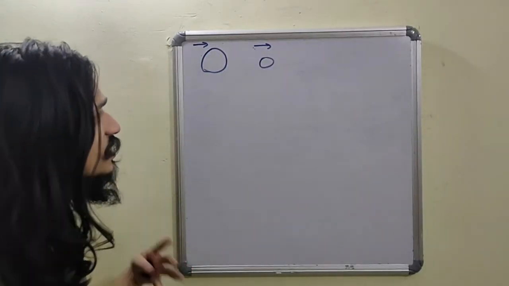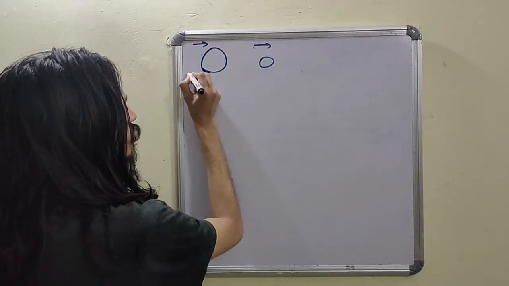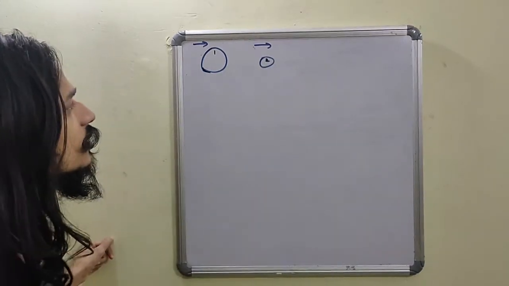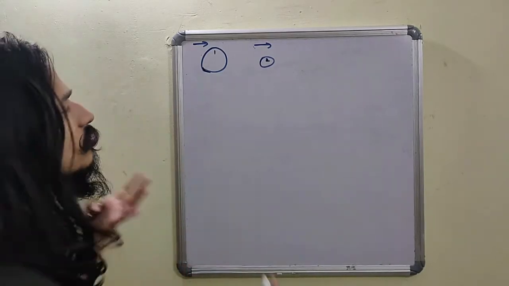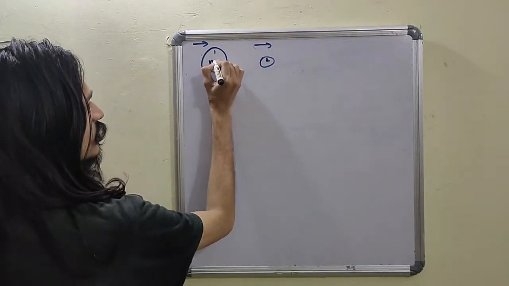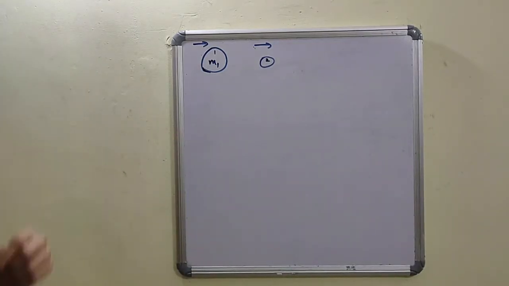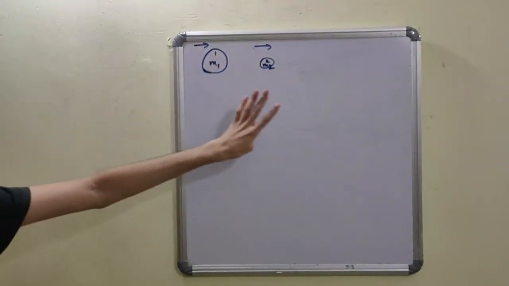Now, I'll call this object 1 and this object 2. If you see, one object is bigger, so it has a mass of m1 and the other object has a mass of m2.